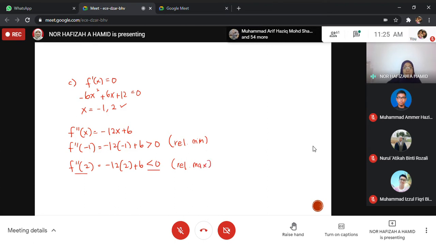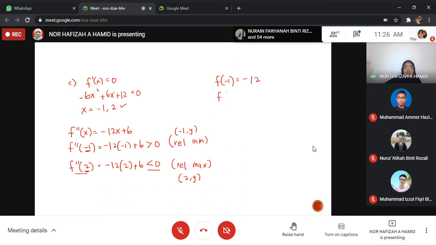So relative maximum minimum ni dia refer pada value of the x ni. Maknanya you dah tahu x dia -1 is relative minimum. So when x is equal to 2, you akan dapat relative maximum. Nak calculate y sama macam sebelum ni, substitute je dalam original equation, you dapat -12.